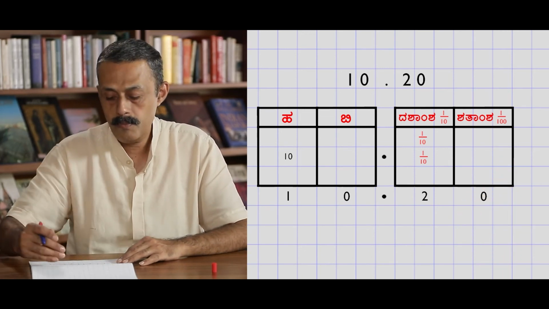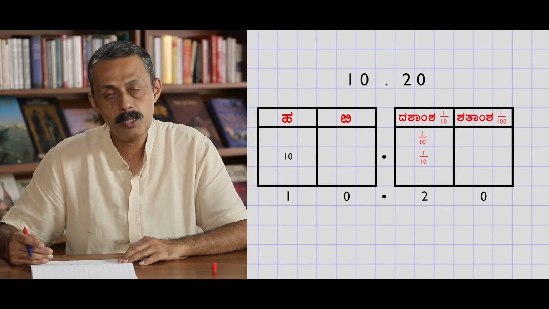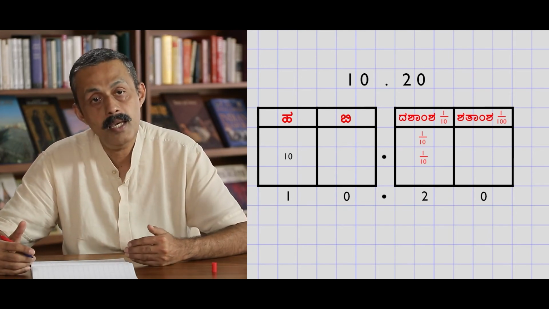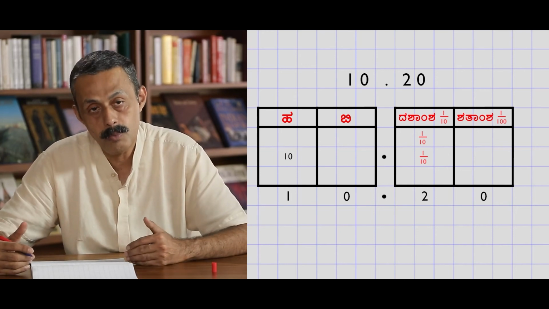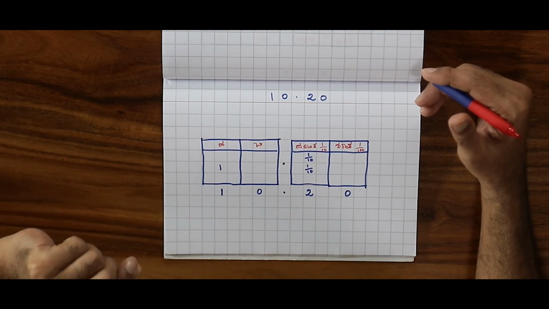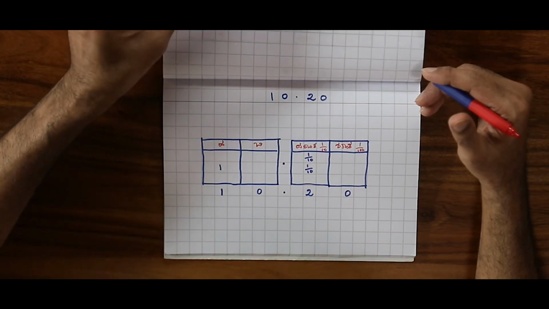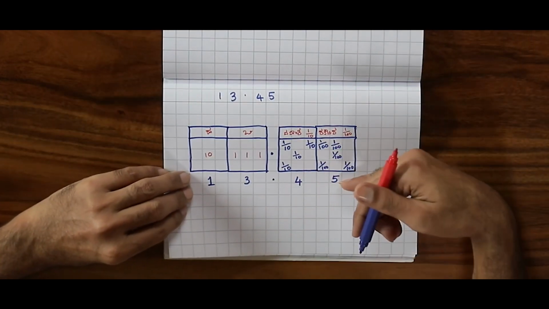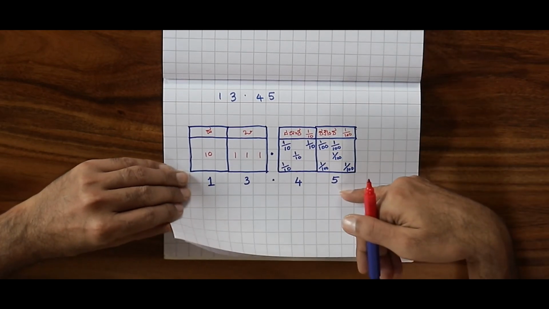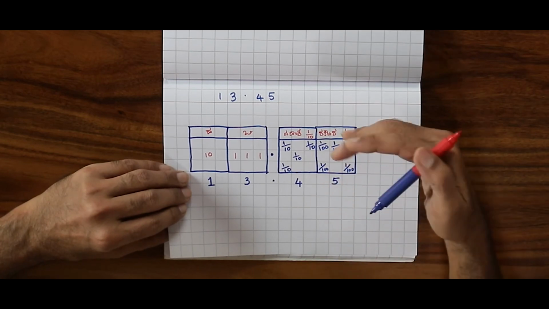This practice, when children practice in the square line notebook, they will know how to write it automatically on their own. Here, what is meant by 0.20, or here, what is meant by 0.45? That is how many 1/10ths and how many 100ths are available.